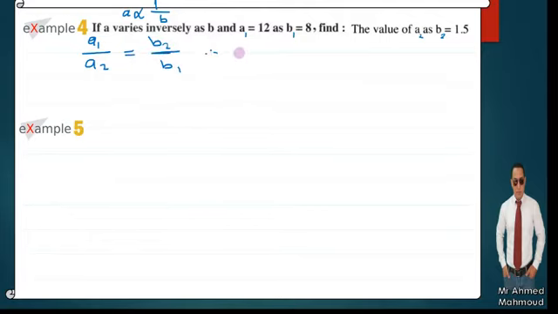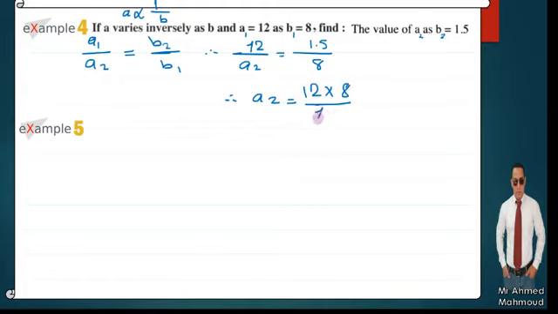Therefore 12 over a2 equals 1.5 over 8. Therefore a2 equals 12 times 8 over 1.5, which is equal to 64.